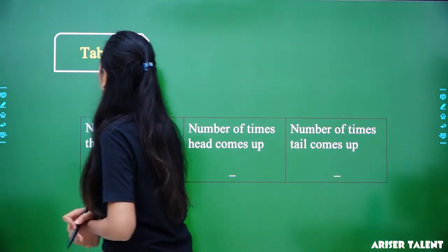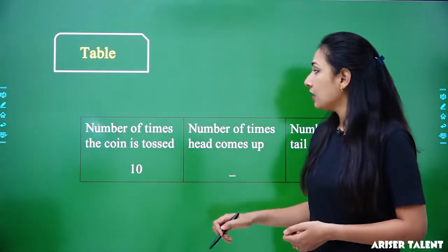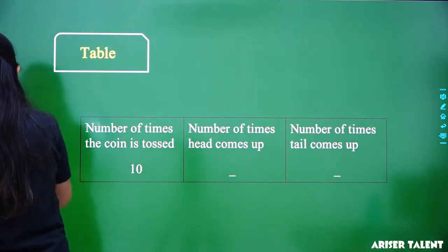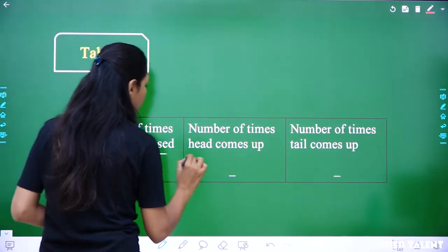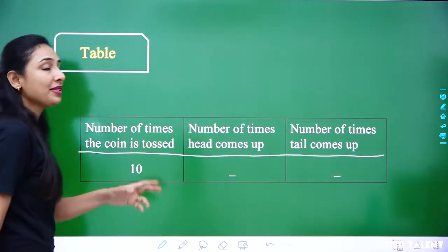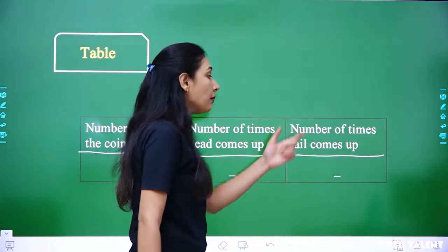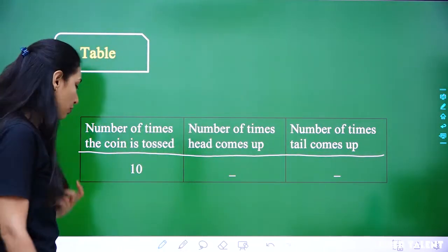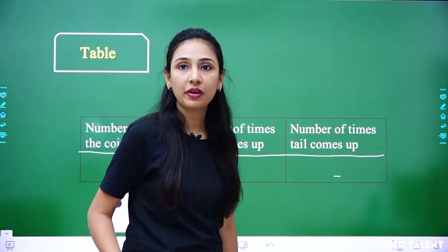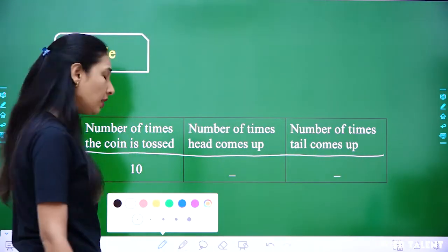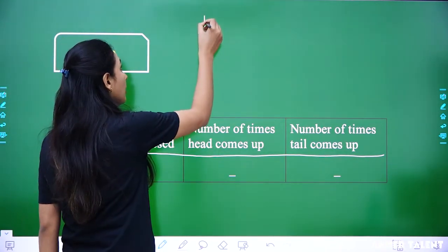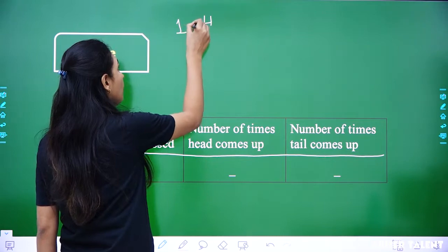Okay, now here's the table. Number of times the coin is tossed, then the number of times heads come up, and the number of times tails come up. Now just take a coin and do your own little experiment, and tell me the results in a comment. So here in the first trial we got a head.